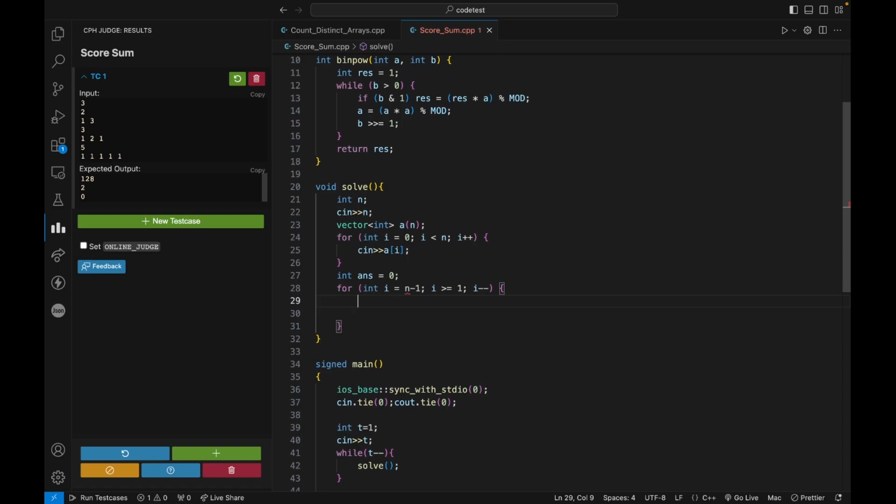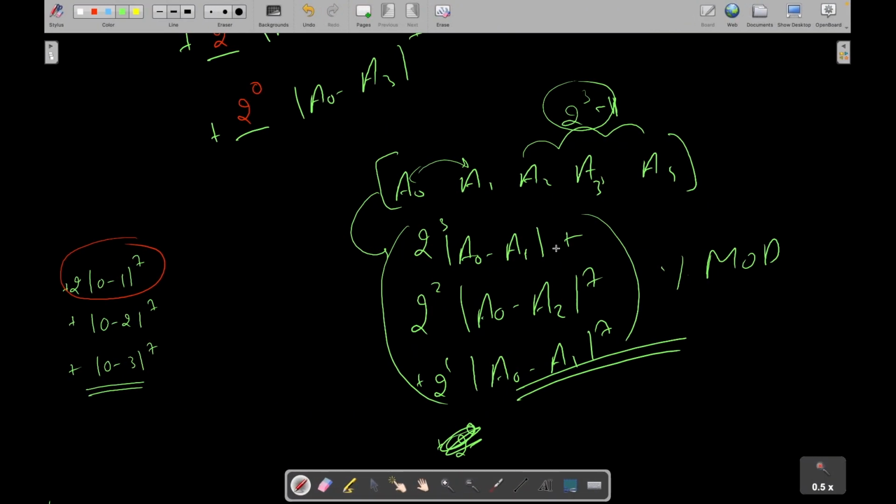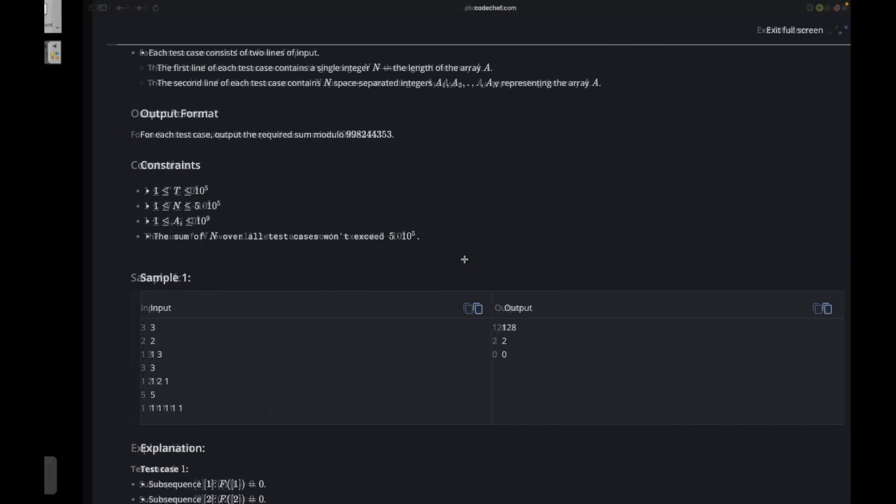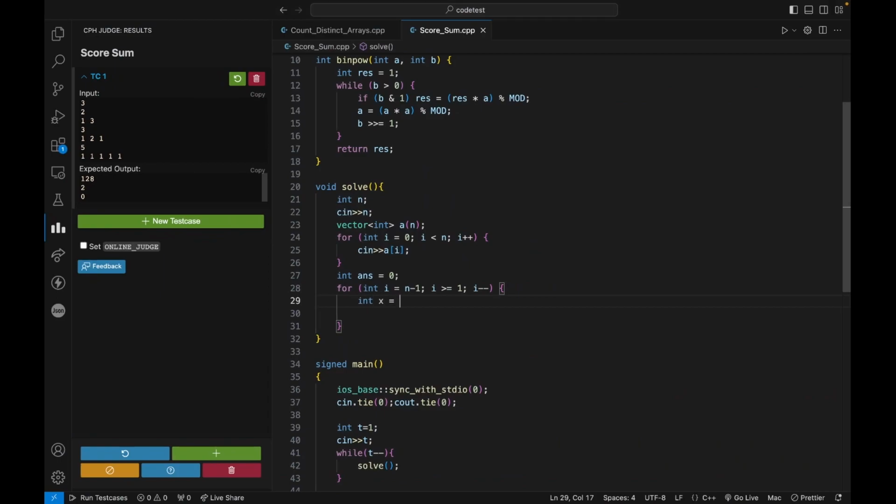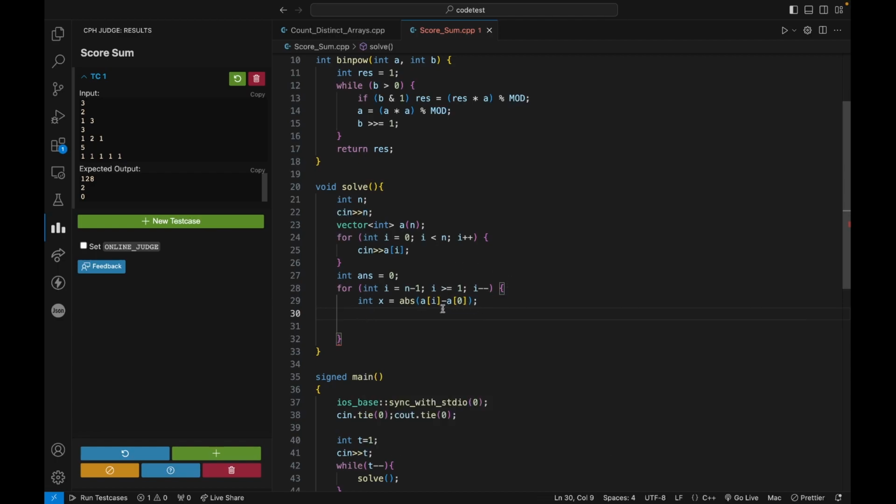Okay, so first thing we need to calculate is ai minus a0. So let's say x is equal to ai minus a0, and let's also take the absolute value. Okay, and I need to raise this to a power, right?